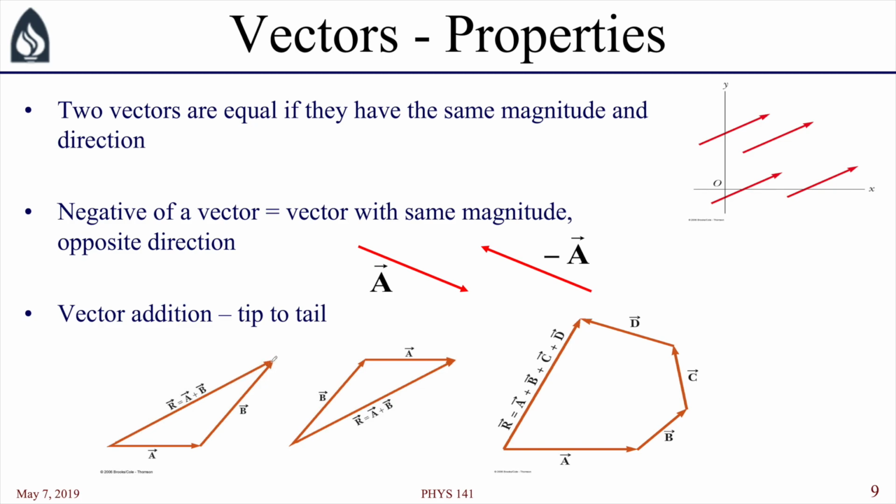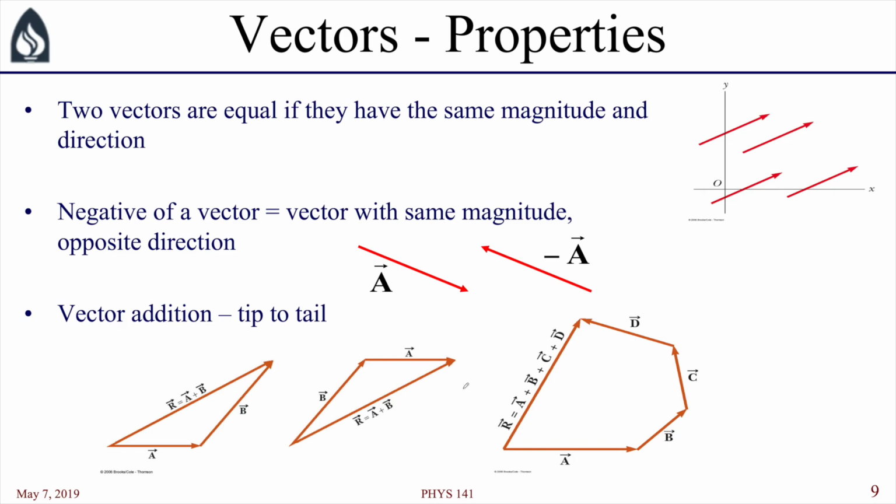Now, the order in which we add vectors does not matter. We could just as easily have taken vector B and then placed vector A so that its tail was at the tip of vector B, and then drawn the resultant as being from the tail of vector B to the tip of vector A. We can also use this method to add multiple vectors.